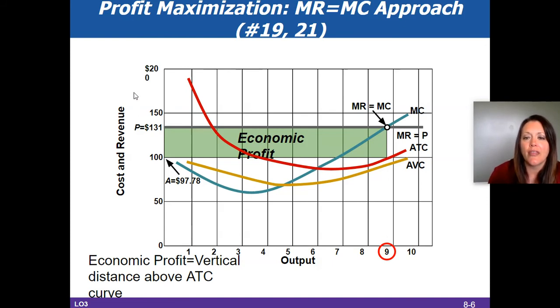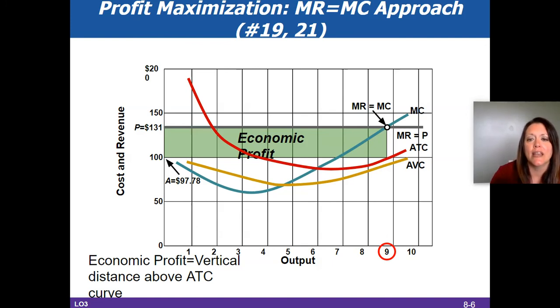So notice that at that point, we have the maximum vertical distance between our price and our average total cost. And so what that means is this largest vertical distance means the largest amount of profit. If you draw a line from that intersection down to the average total cost curve and then over to your y-axis, that area of that rectangle becomes your economic profit.